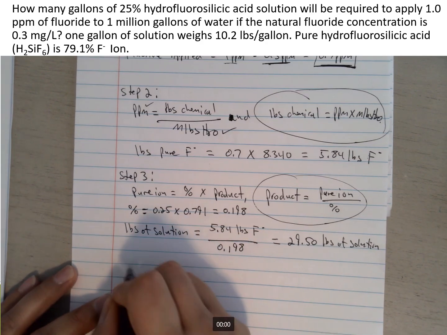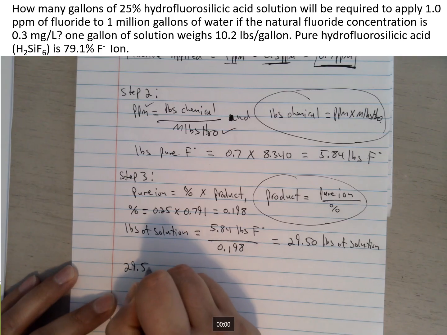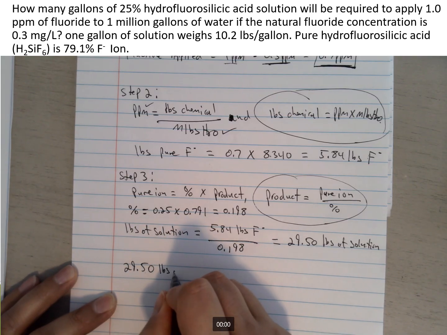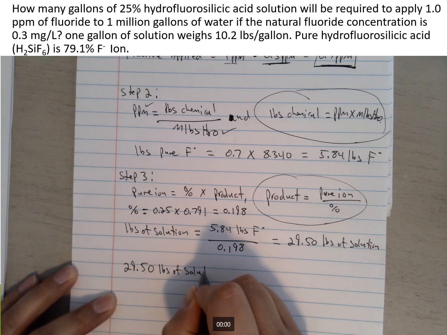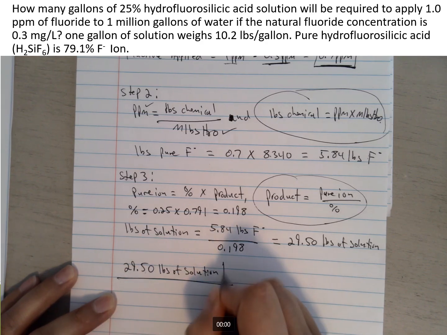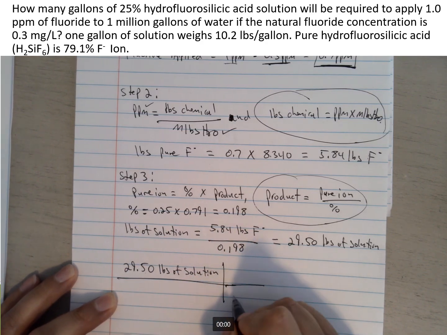The next step, we want to find the gallons of solution. So 29.50 pounds of solution. We're given in the problem statement that 1 gallon weighs 10.2 pounds.